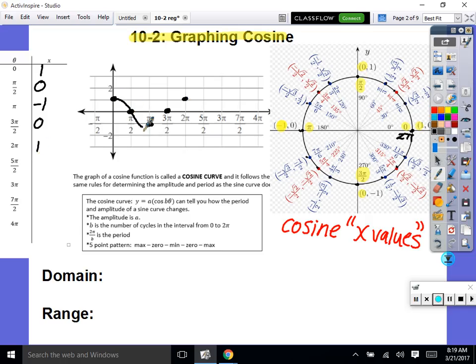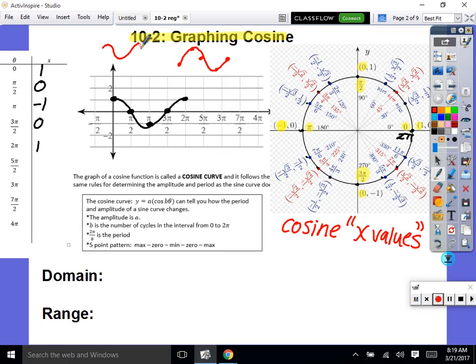Now notice, remember how last time with sine, I said, if you tilt your head, squint your one eye, and close your other eye, our one cycle, our one period for sine looks like 0, max, 0, min, 0. It looks like a sideways S, correct? Now if you tilt your head, squint your eye, and close the other eye, do you see how this looks like a sideways C?